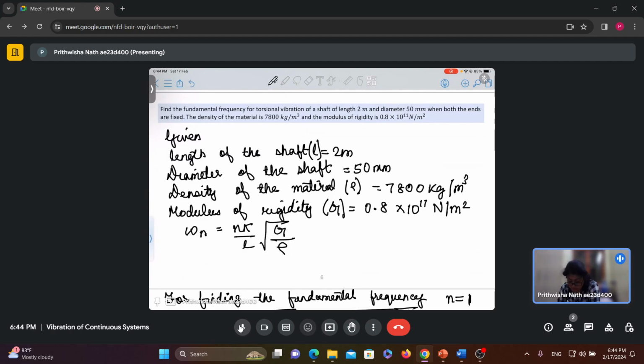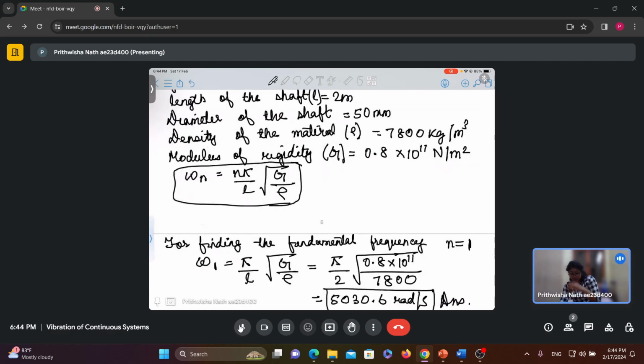From the first question we derived the expression for omega n. This expression we already know, so we can use this to find the fundamental frequency. Fundamental frequency corresponds to n equals 1.